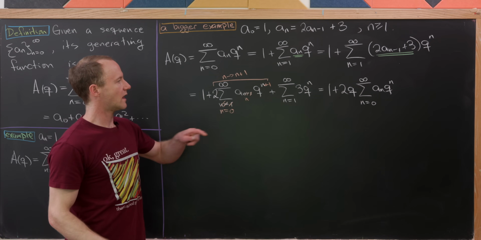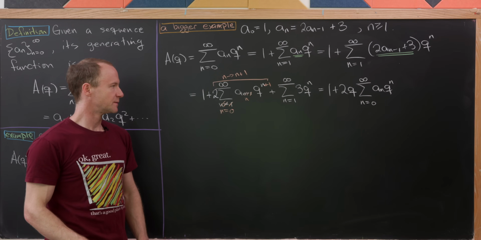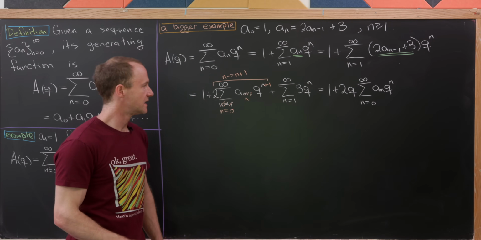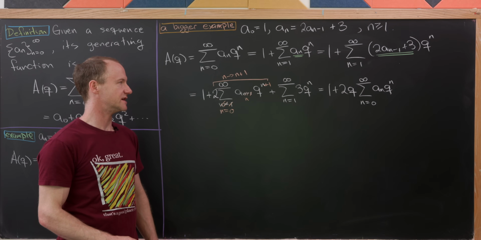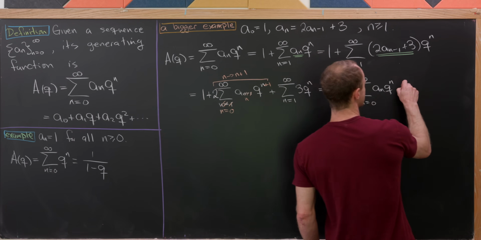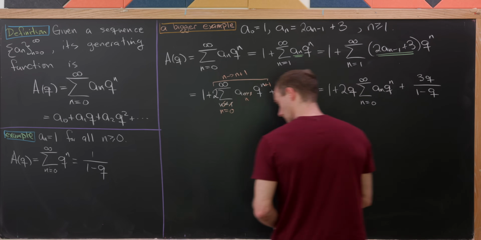And then, well, luckily, look at this. That's exactly a geometric series. Now, instead of like over here where the starting term was 1, now the starting term is 3 times q, but the common ratio is still q. So this sums to 3 times q over 1 minus q.